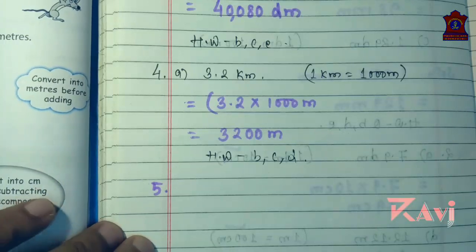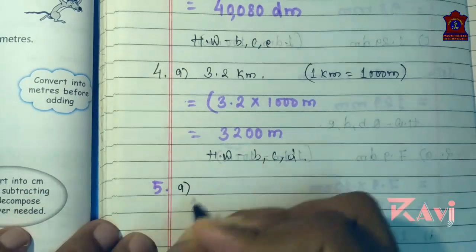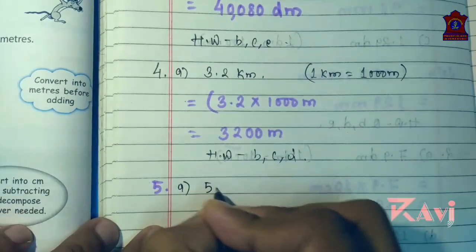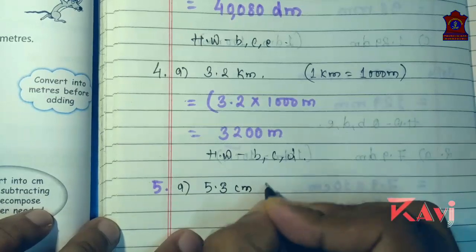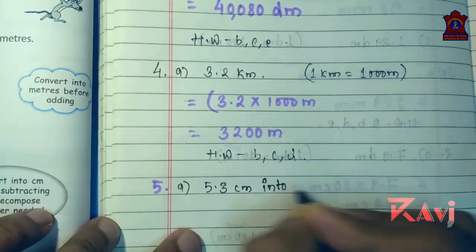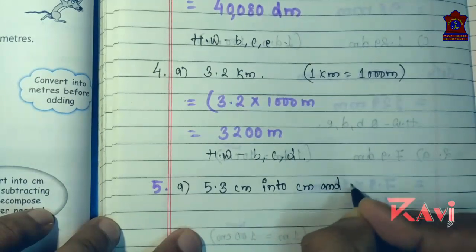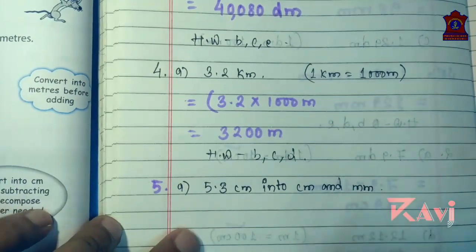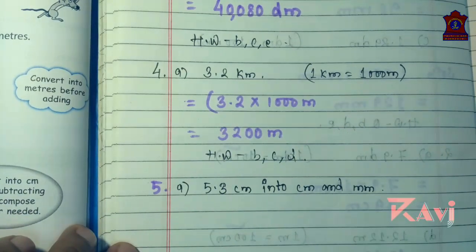The question is asking you to convert. Here you have to read the question carefully. 5.3 centimeter into centimeter and millimeter. The question is asking you to convert into centimeter and millimeter.